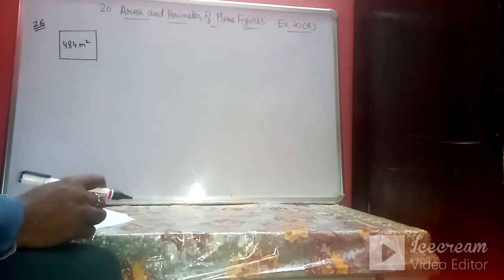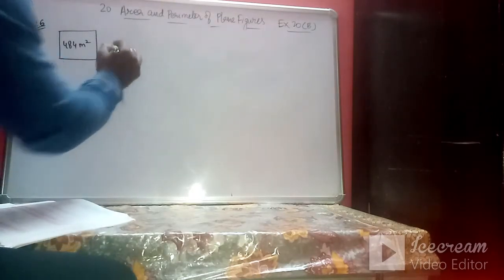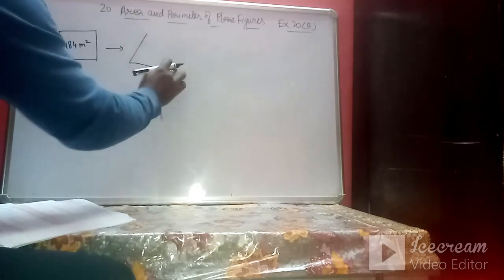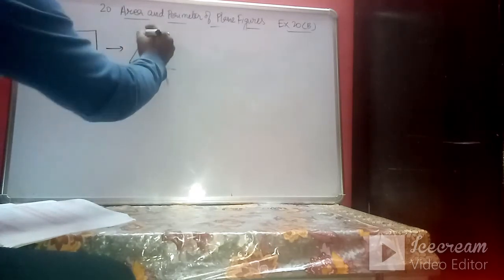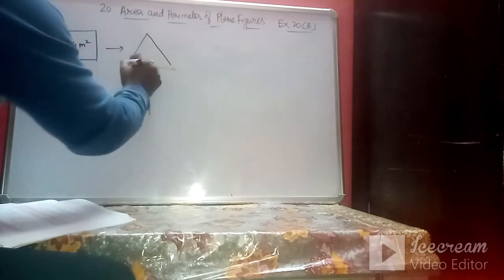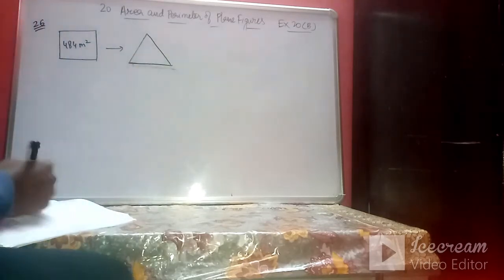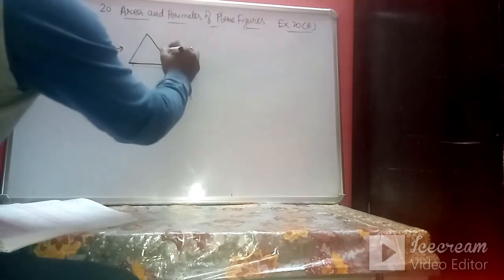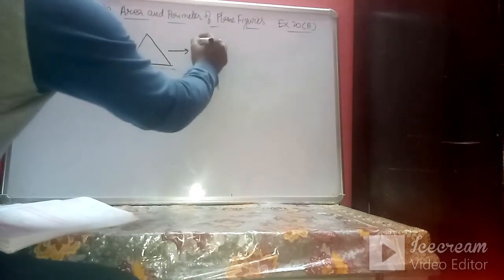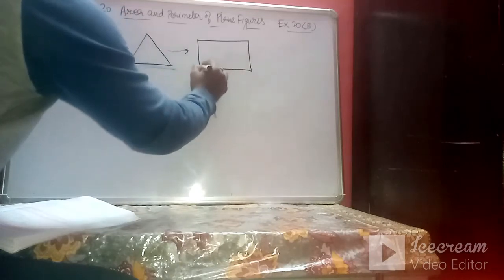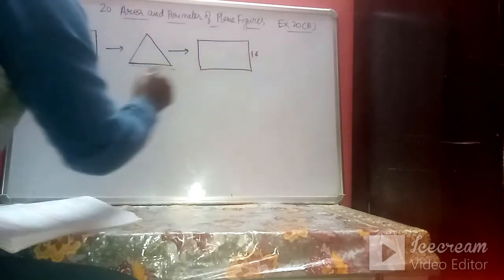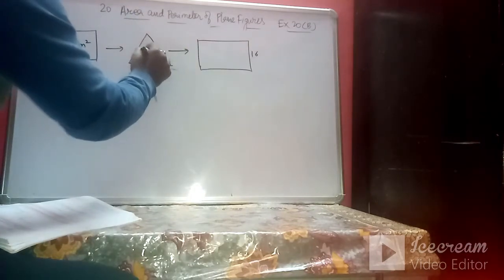Then afterwards this wire is bent to form an equilateral triangle, and afterwards it is bent into the form of a rectangle whose breadth is given as 16 meters. So in both the cases we have to find the area.